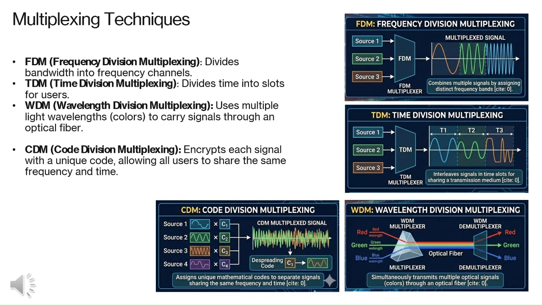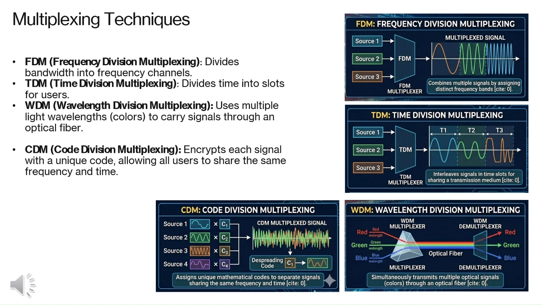Now we are going to talk about multiplexing techniques. There are four concepts: FDM, frequency division multiplexing; TDM, time division multiplexing; WDM, wavelength division multiplexing; and CDM, code division multiplexing. Multiplexing lets multiple users share the same channel efficiently.